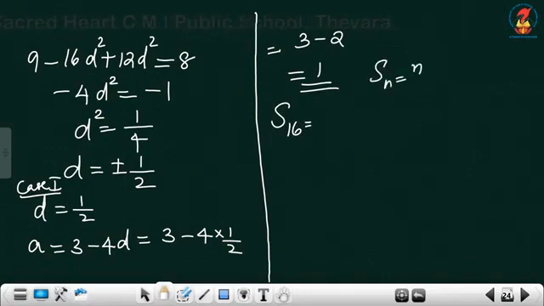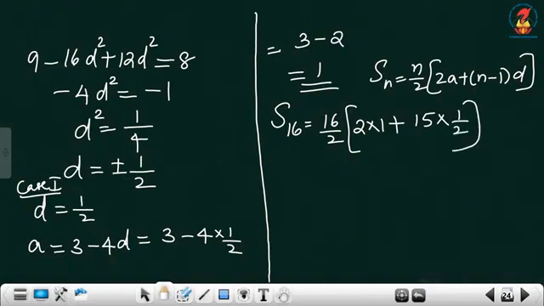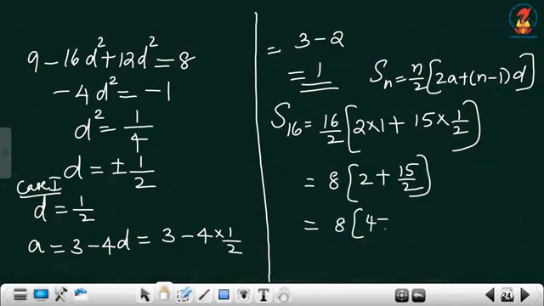So S_n is equal to n by 2 into (2a plus (n minus 1) into d). So S16 is equal to 16 by 2 into (2 into 1 plus 15 into 1 by 2). So it is equal to 8 into (2 plus 15 by 2), which is equal to 8 into 19 by 2, which is equal to 4 into 19, which is equal to 76.